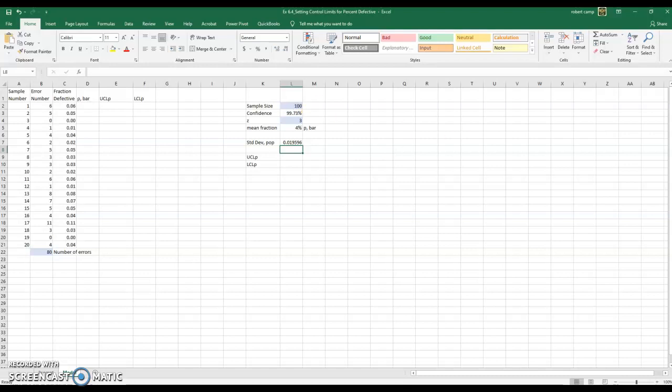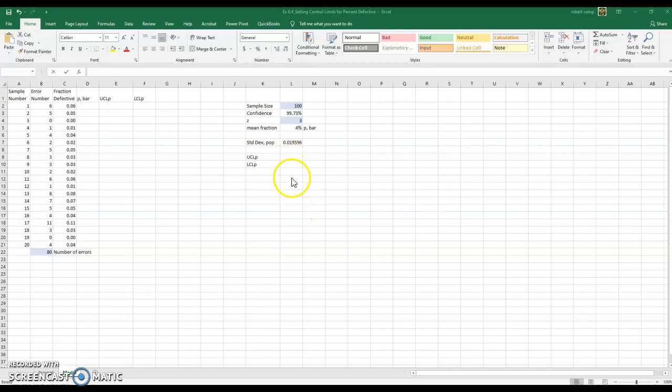From there, we just have to calculate our upper and lower control limits. How do we solve that? As we saw in the text, it's the mean fraction plus or minus the z value times the standard deviation.